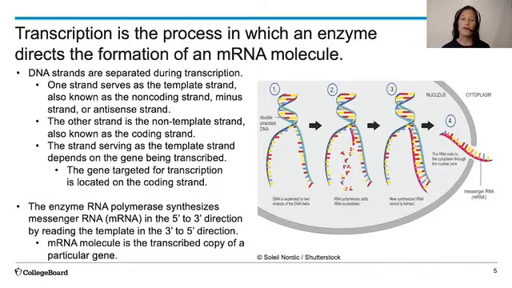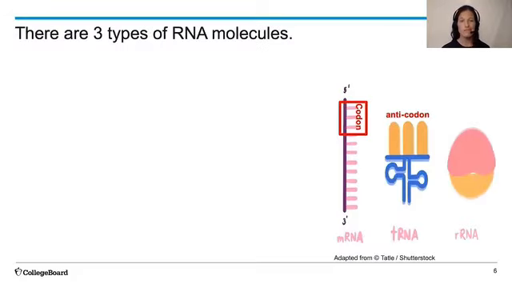So the RNA molecule is a transcribed copy of a particular gene, the gene that we want. By separating these DNA strands and identifying the gene that we want, we're then able to make an mRNA copy. We're able to transcribe that copy of the gene that we want.